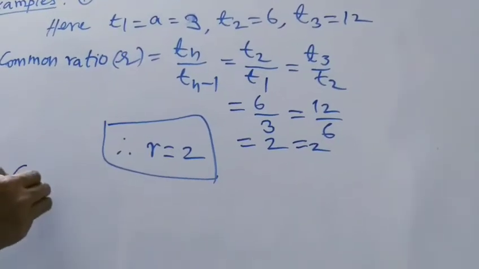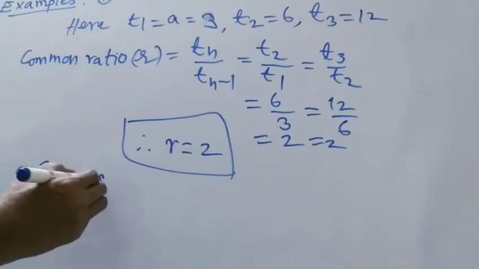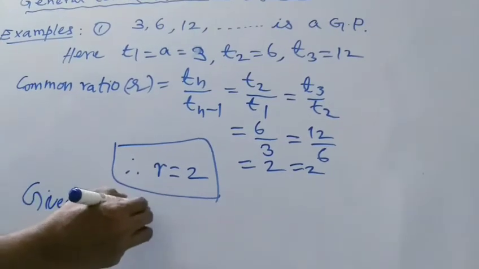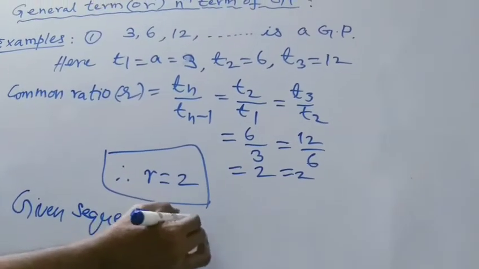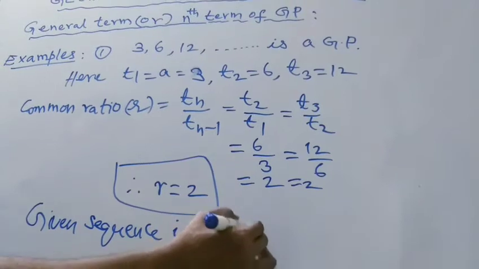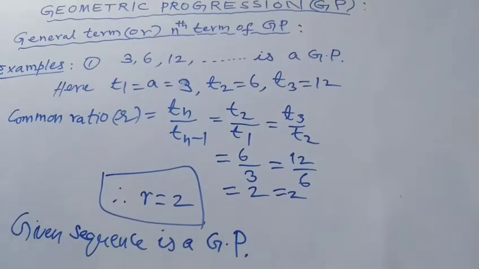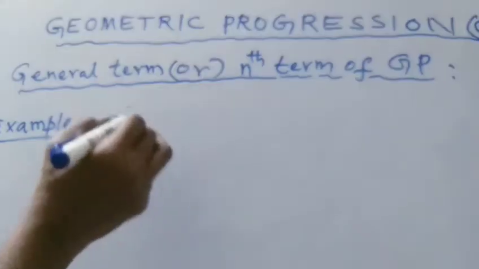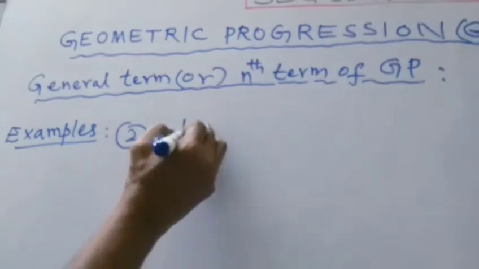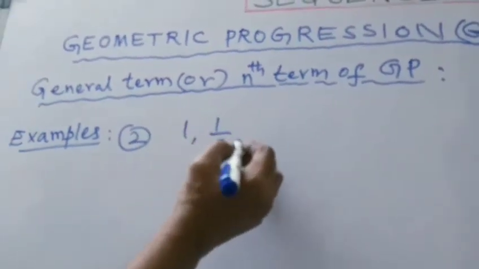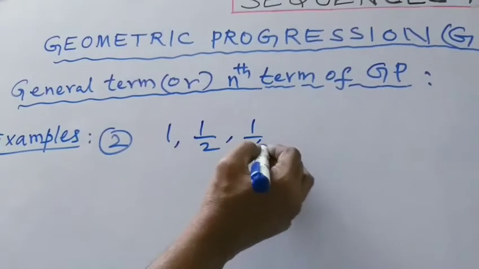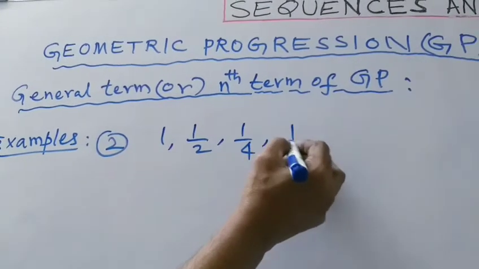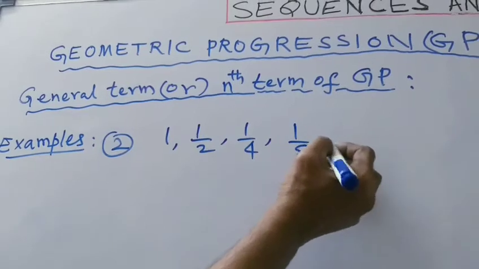Given sequence is a geometric progression: 1, 1 by 2, 1 by 4, 1 by 8, and so on.